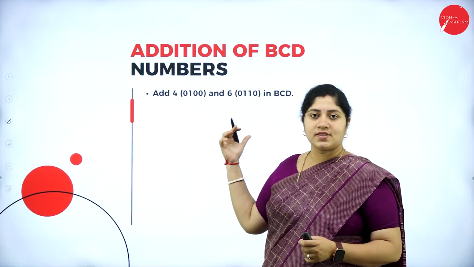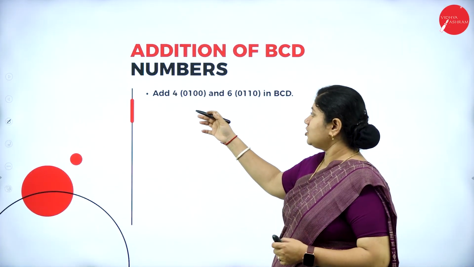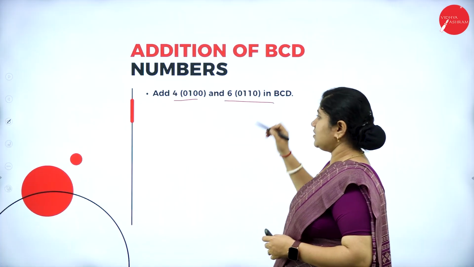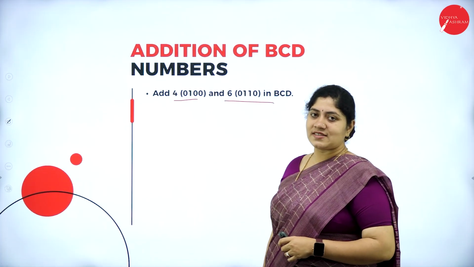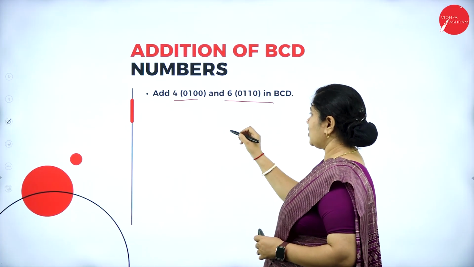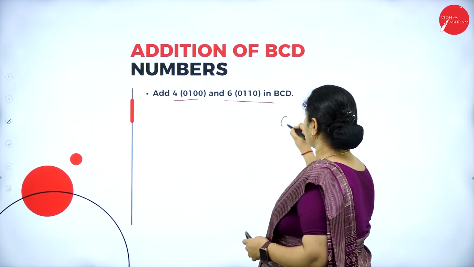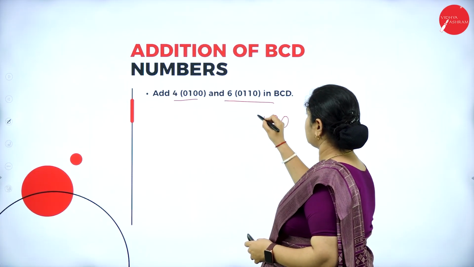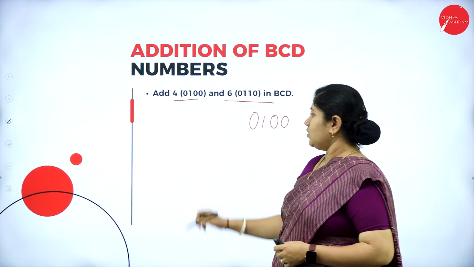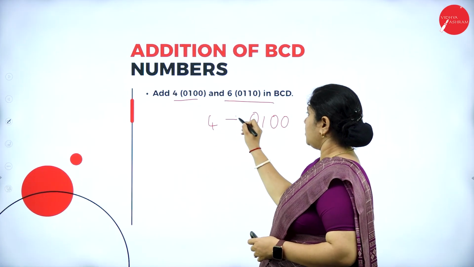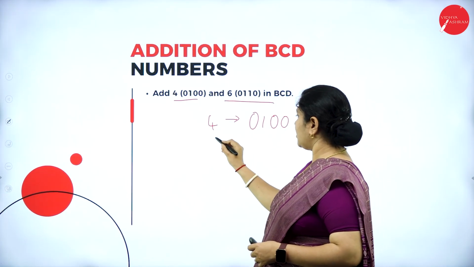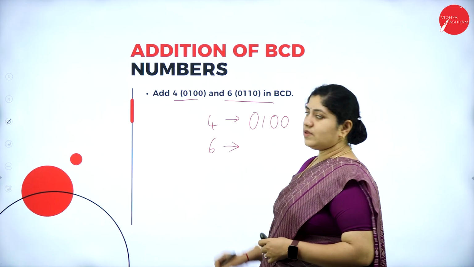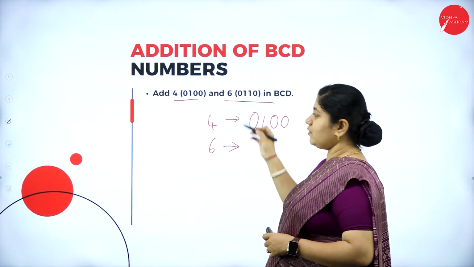Now, let's see an example with respect to BCD addition. So, yes, we have considered this, that's a 4 and a 6. And let's start doing it. 4 is 0, 1, 0, 0. Alright. So, what is this? It's a 4. Up next, I have to get a 6. So, I have to write it in binary form.